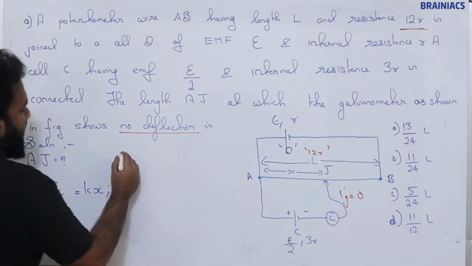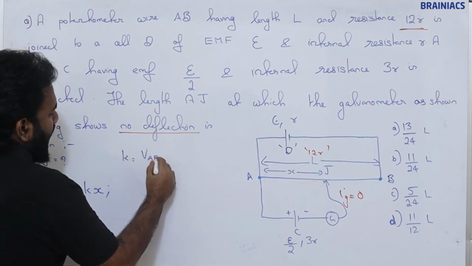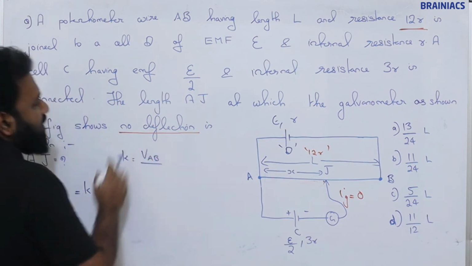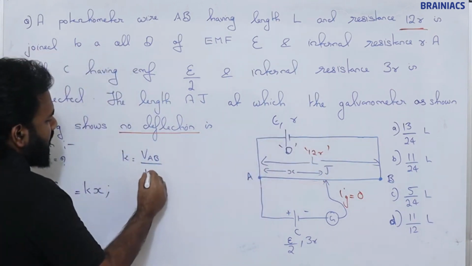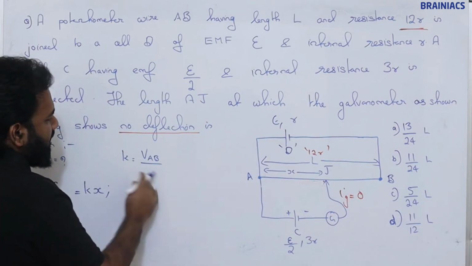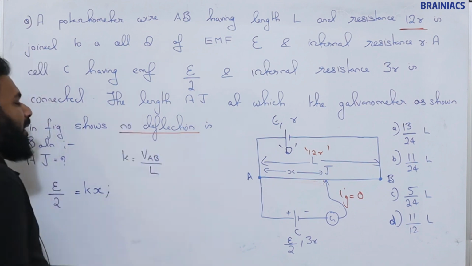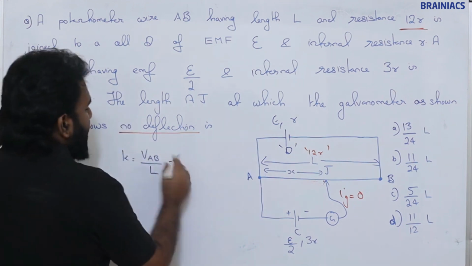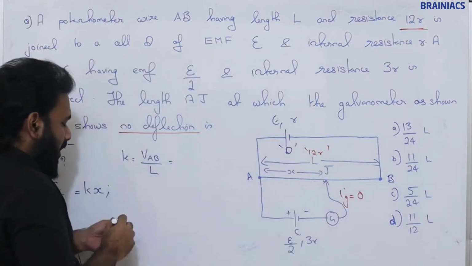Now what is K? K is VAB divided by its length L. What is VAB?